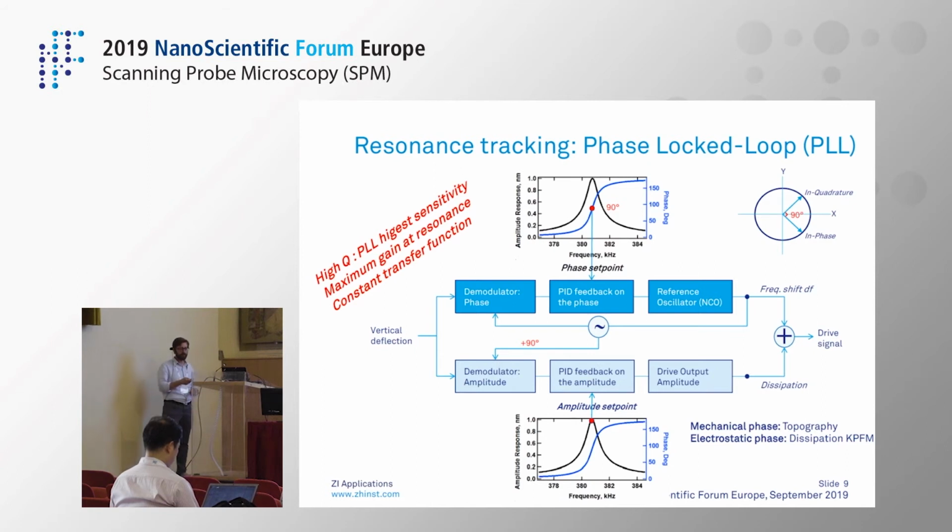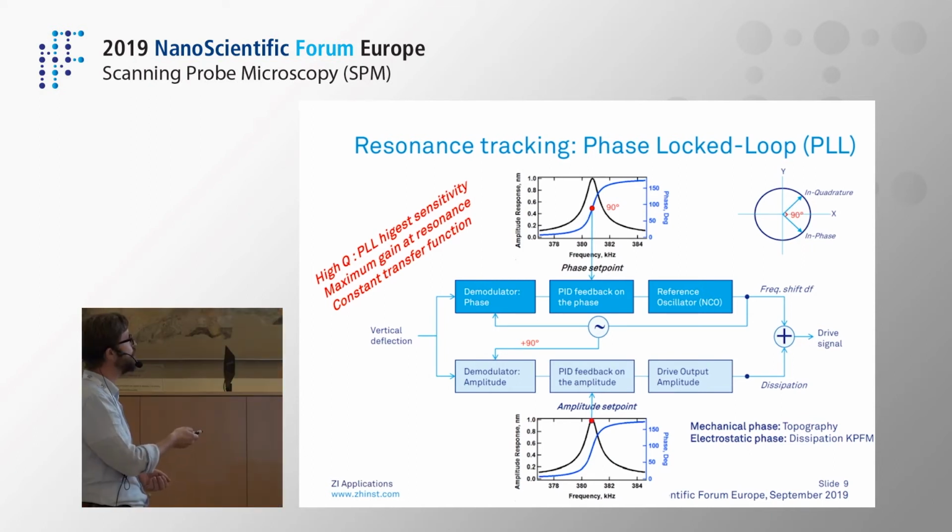So whatever information you measure on one channel will be orthogonal to the one you measure on the other. That's why you can end up with conservative forces on the frequency shift, and dissipative forces on the amplitude, which correspond to the amount of energy you have to put into the system. And once you have defined this, then you can even go a little bit further.